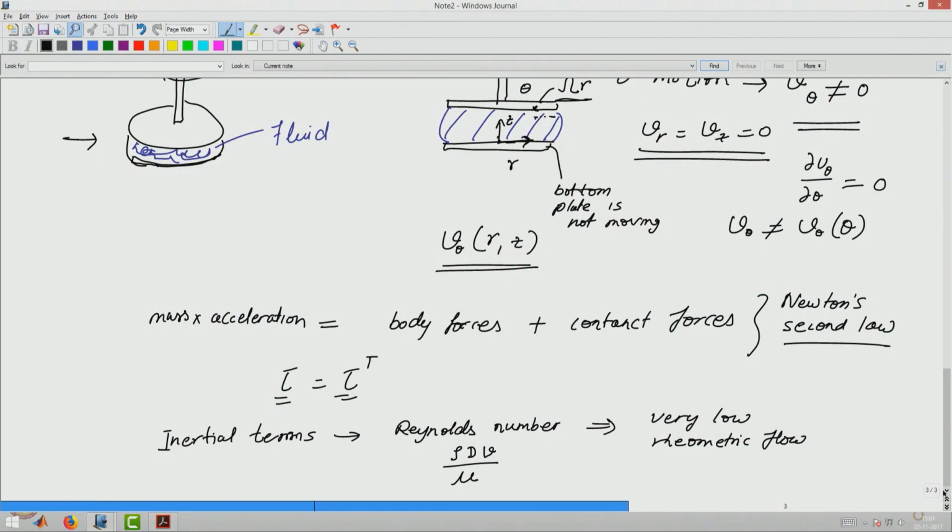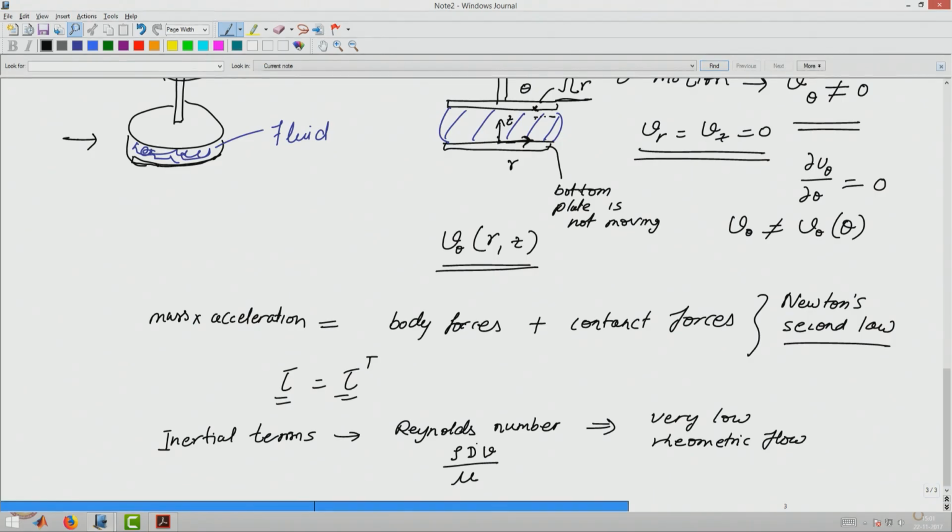Even if we have added, let us say, metallic particles in some fluid, the density will increase, but the order of magnitude remains very similar. So, density by itself does not have a huge role to play in determining the overall Reynolds number for the flow.